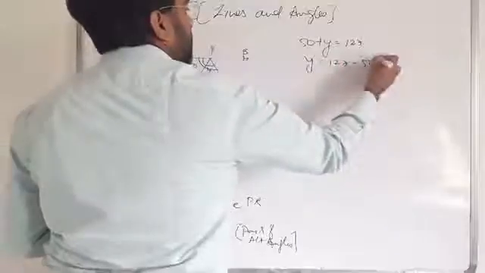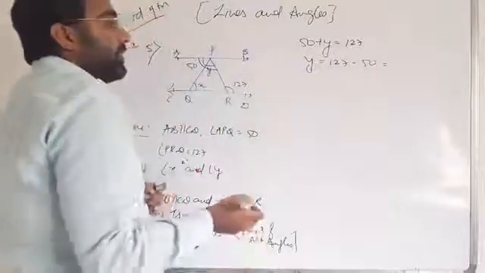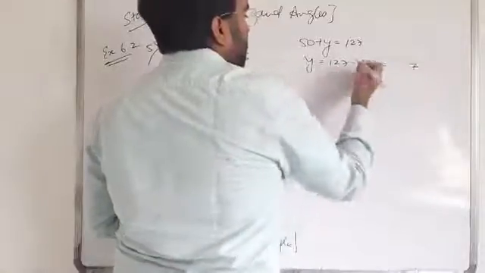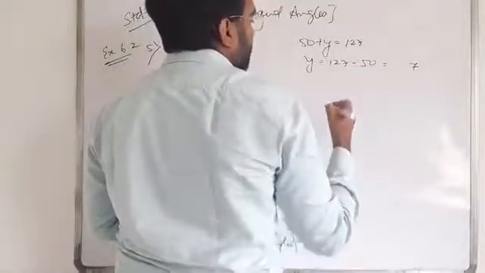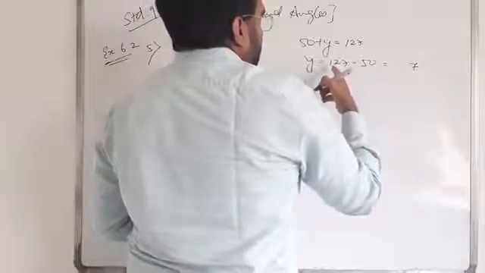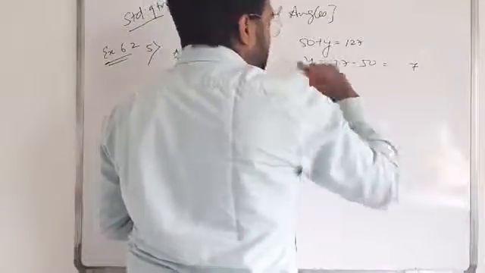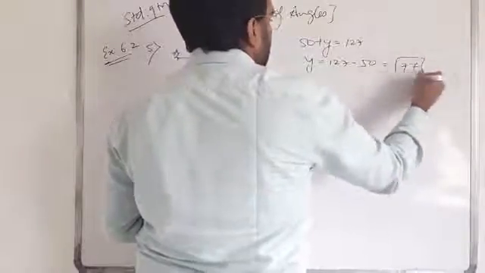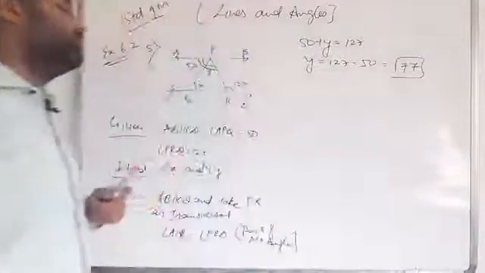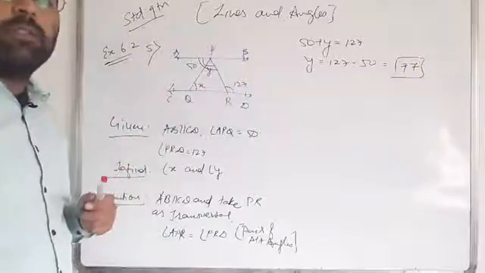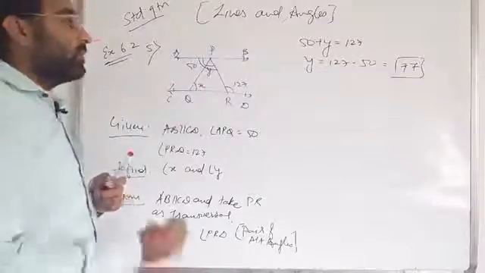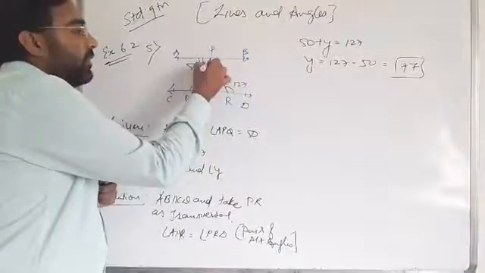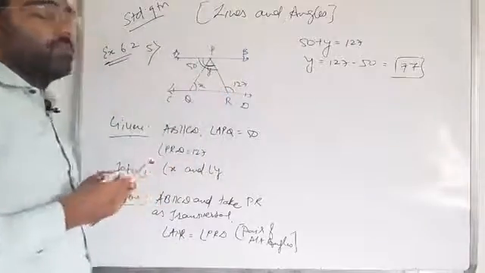So 127 minus 50: 7 minus 0 is 7, 12 minus 5 is 7, that is 77. That is 77 degrees. So your angle Y, this angle, is equal to 77 degrees.